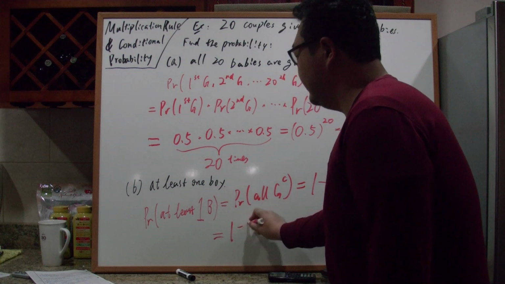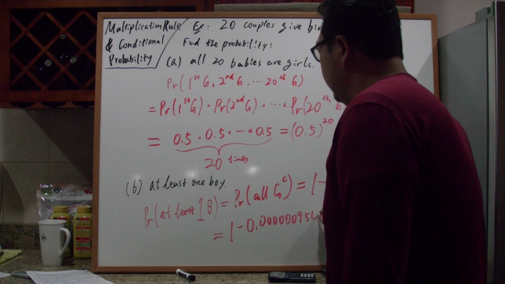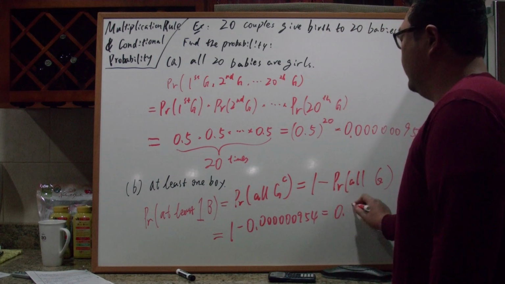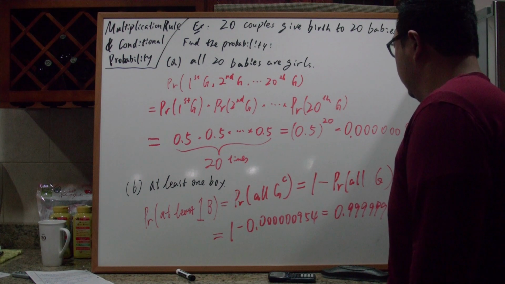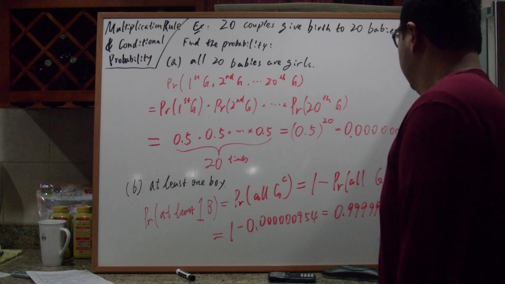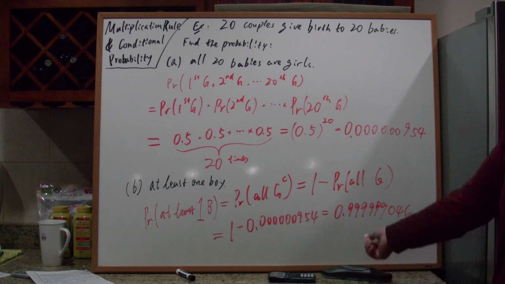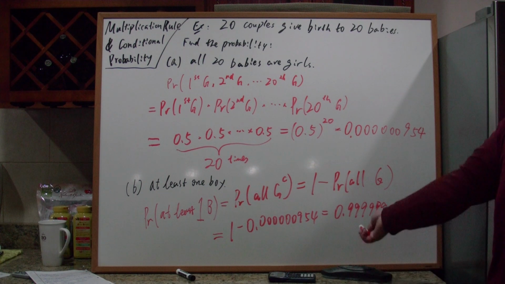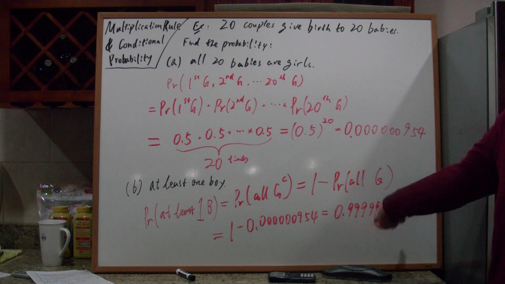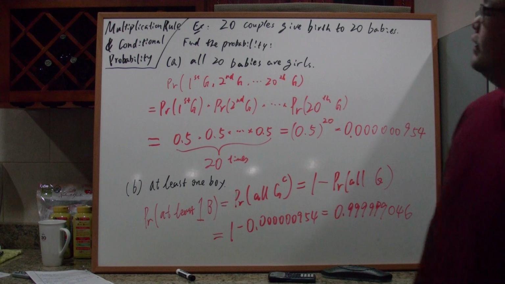So we can just use the result: 1 minus 0.000000954, that is 0.999999046, which is pretty much certain, very close to 1. I want to say the probability is actually 1. Well, that would be a certain event, but here it's very, very close to 1. How close is it? We have 6 nines in the figure.